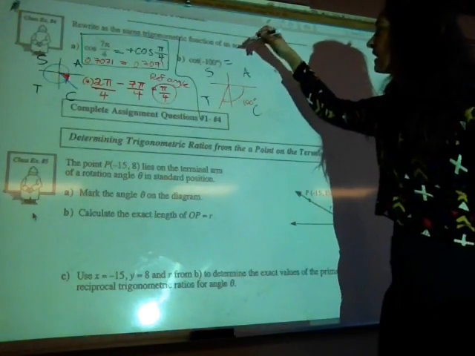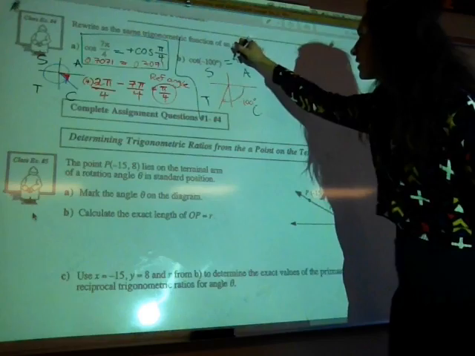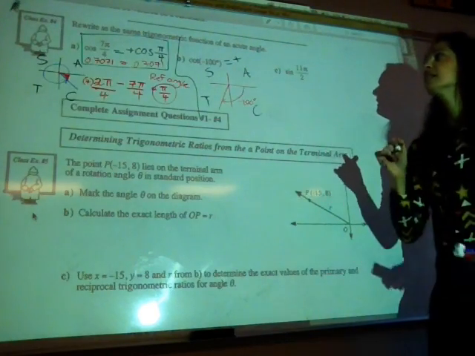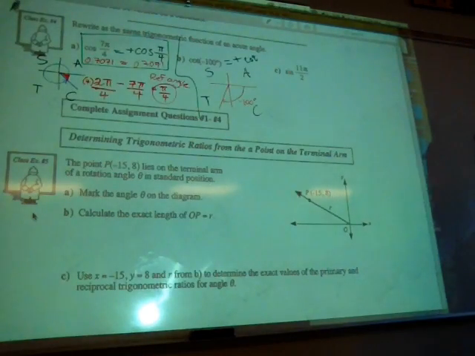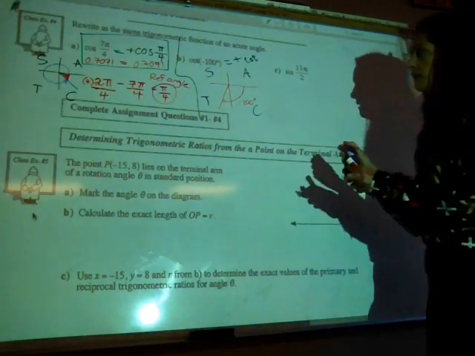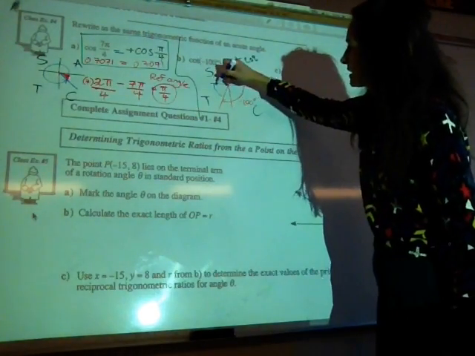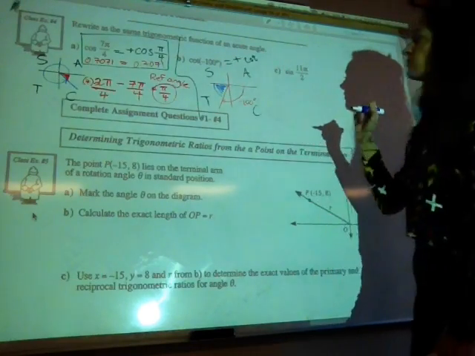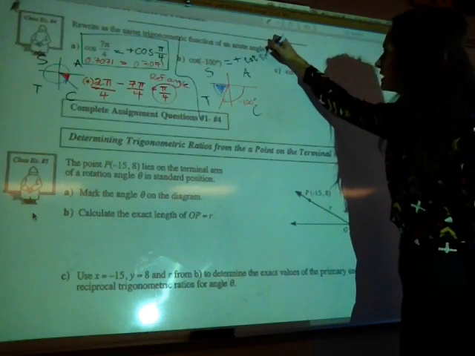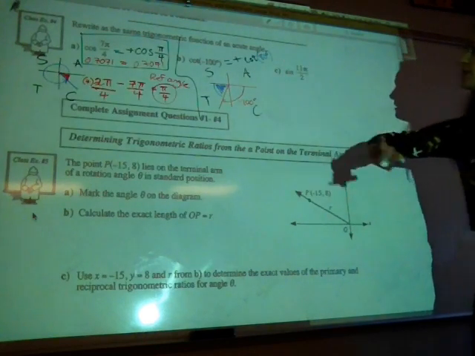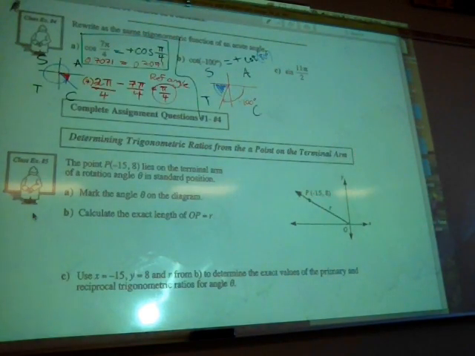So cotangent negative 100 degrees will be equivalent to positive cotangent, and we need to figure out what our reference angle is. So what's this angle here? The difference between negative 180 and negative 100 will be 80 degrees. Just note, reference angles always have to be positive.